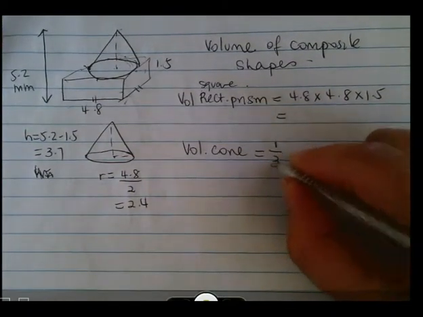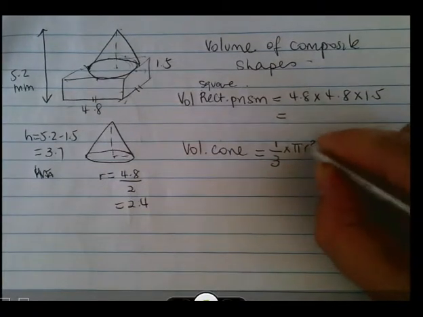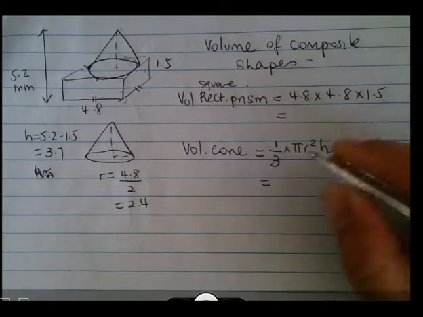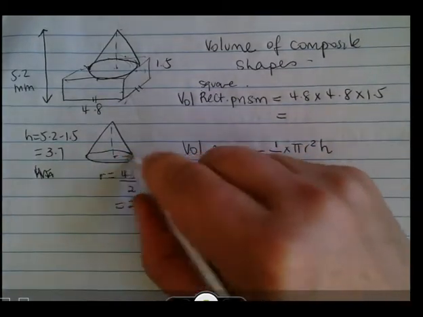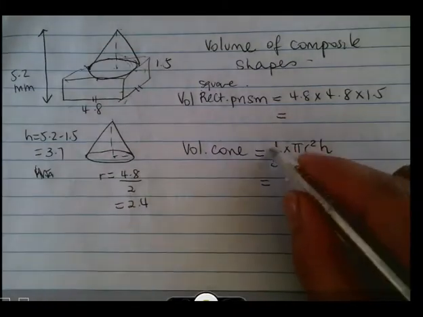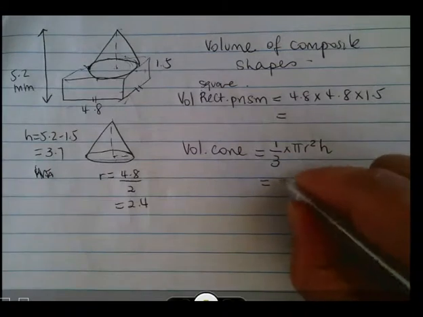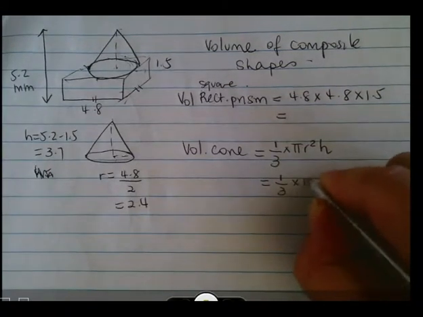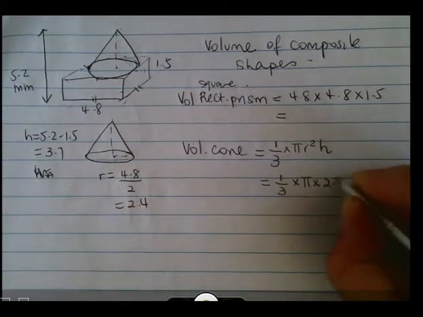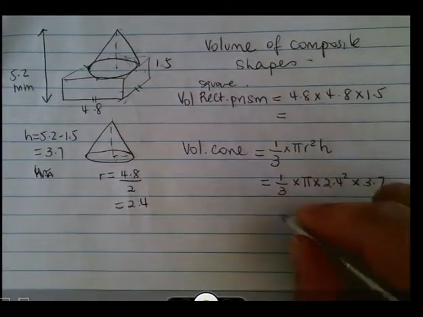The pointy ones are a third of the area of the base times the height. It's basically a third of a cylinder, but it's a third of the area of the uniform cross-section times the height. So it's a third times pi times 2.4 squared times what? All right, you can work them out.